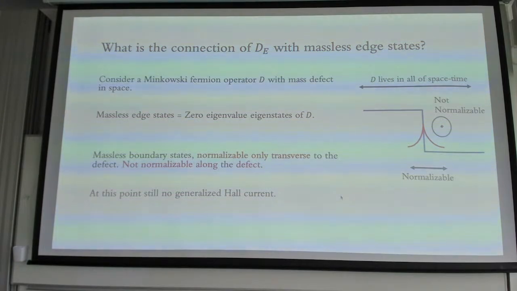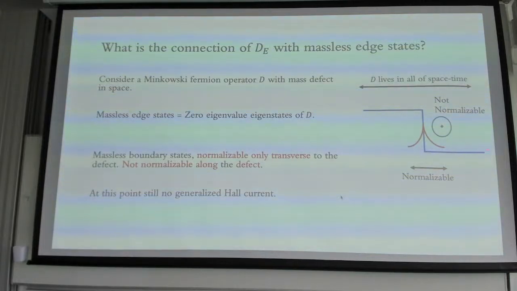So now I come to the question that Nabil was asking. What is the connection of this Euclidean operator with the original massless edge states that I was talking about? So consider a Minkowski fermion operator D with a mass defect in space. D lives in all of space-time, okay? Let's say this is the mass defect, and you have some massless edge states living on the defect.